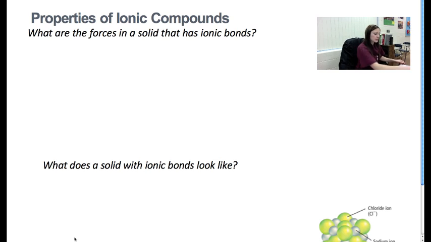When we look at something that has an ionic bond, remember it's a metal and a non-metal. So we are going to have the attraction of positive and negative ions. Remember, ionic bonds, ions. Ions are the metals or non-metals when they lose or gain electrons. This is where we have opposites.